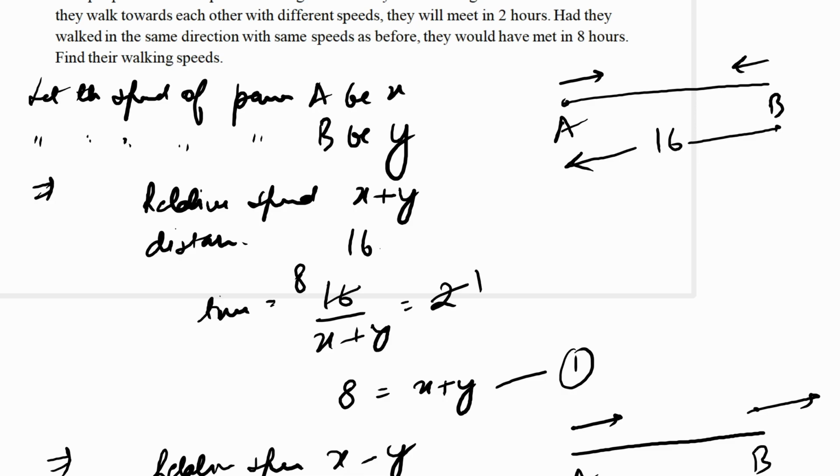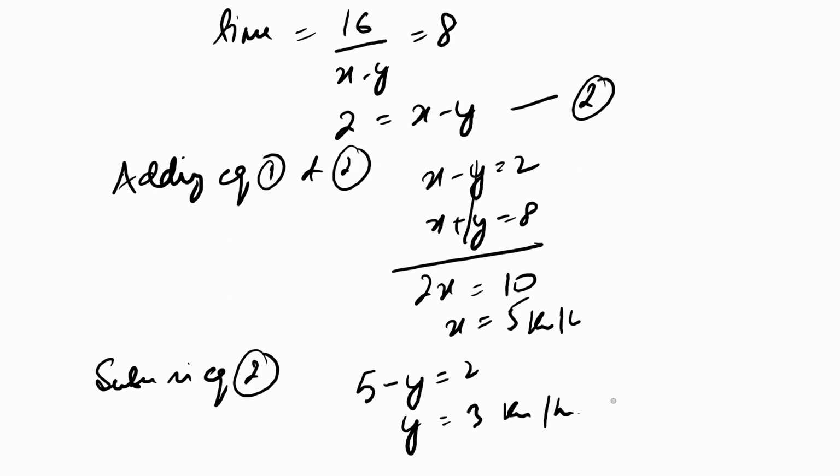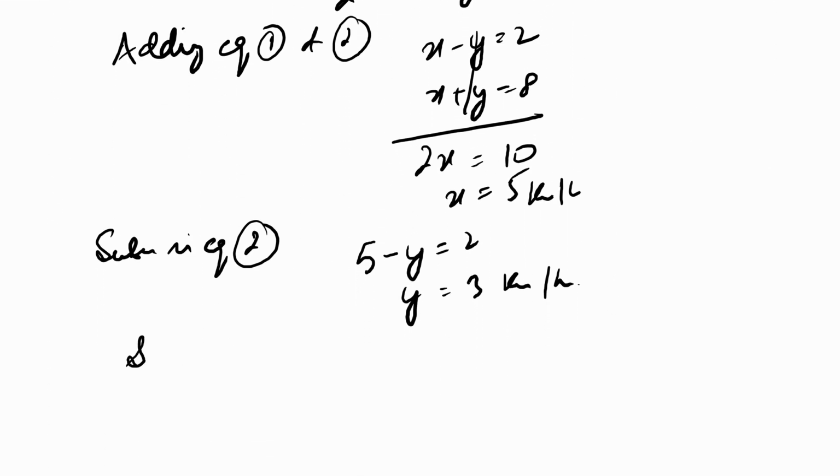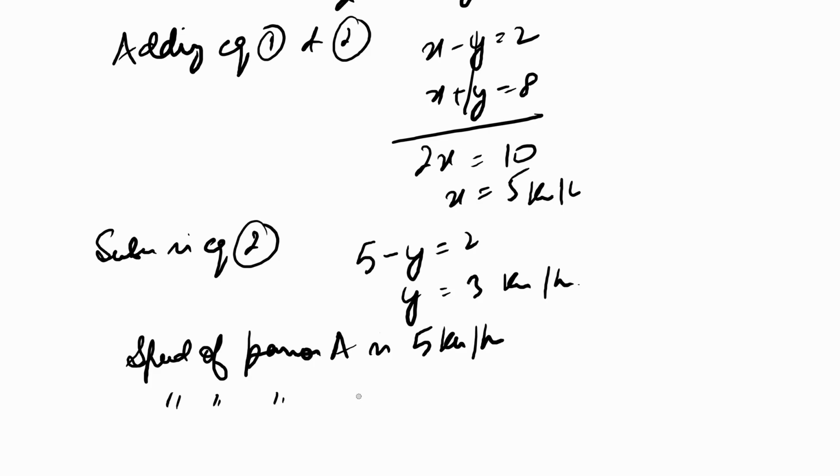The speed of person A is 5 kilometers per hour and the speed of person B is 3 kilometers per hour. Okay, that is the answer.